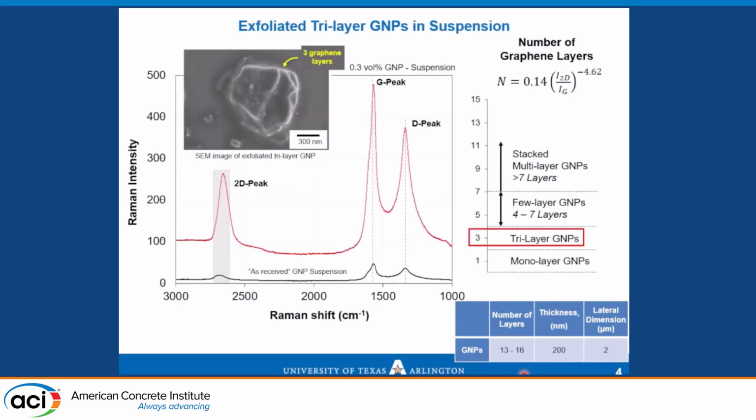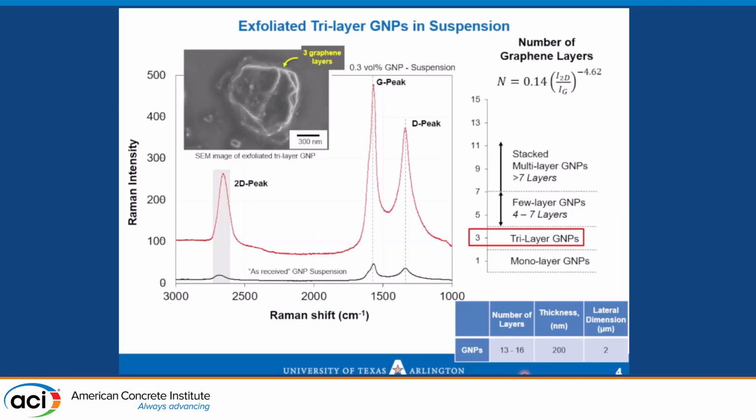Now, in our lab, we routinely apply a dispersion method to effectively disperse and exfoliate nanomaterials with different dimensions. And in this study, we applied one of these methods, and we dispersed and exfoliated the graphene nanoplatelets, so we will reduce the number of graphene layers, and this way we increase the available surface area.